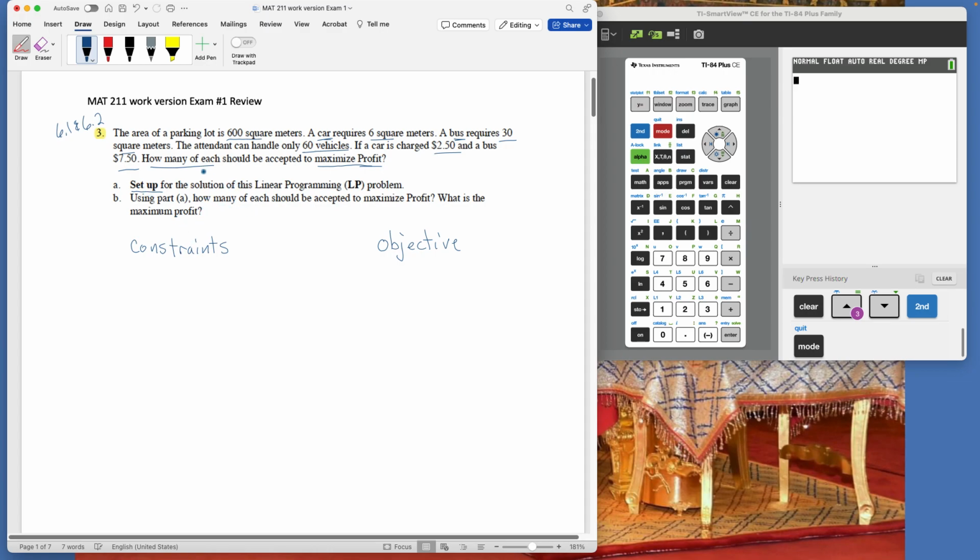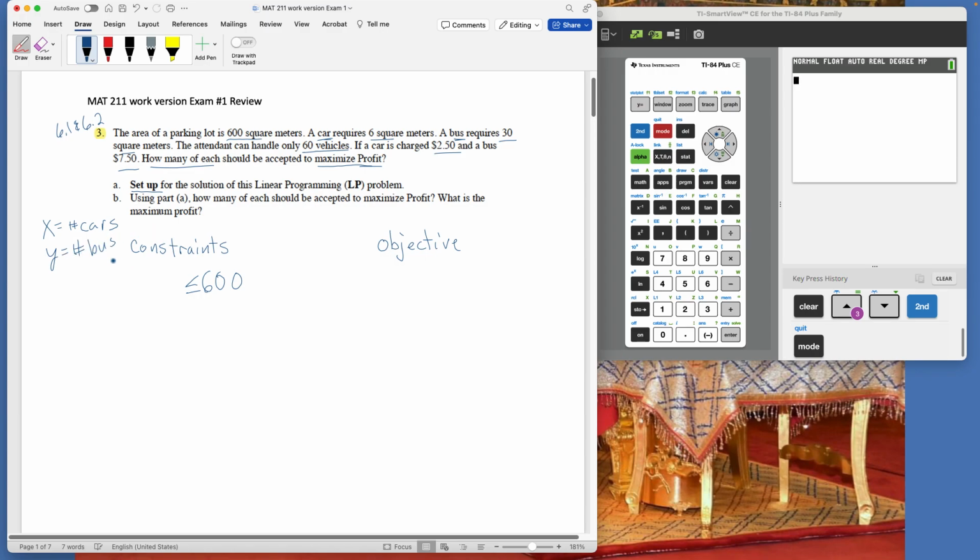Okay, so setting it up, constraints. We have a limit on the amount of space in our parking lot, 600. So whatever we do, we cannot use more than that. We've got to use less than or equal to 600 square meters. We're told a car requires 6 square meters. So we might say, let's call x the number of cars, and we'll call y the number of buses.